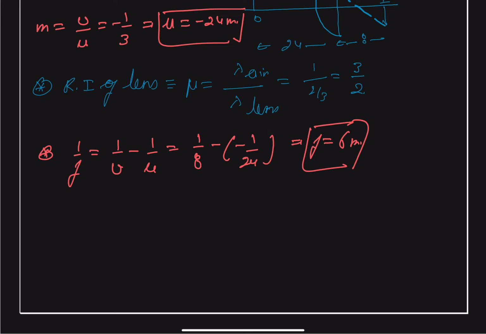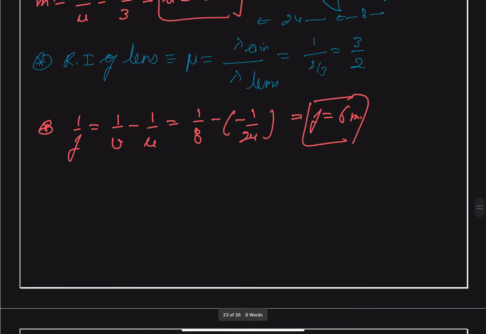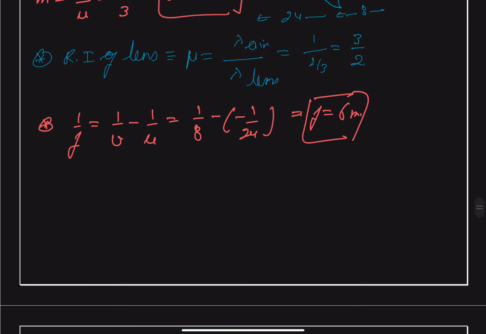And we have to find out the radius of curvature. It's a plano-convex lens, so one radius of curvature will be infinity. So we can write that 1 upon f will be equal to mu minus 1 times 1 upon r minus 1 upon infinity.